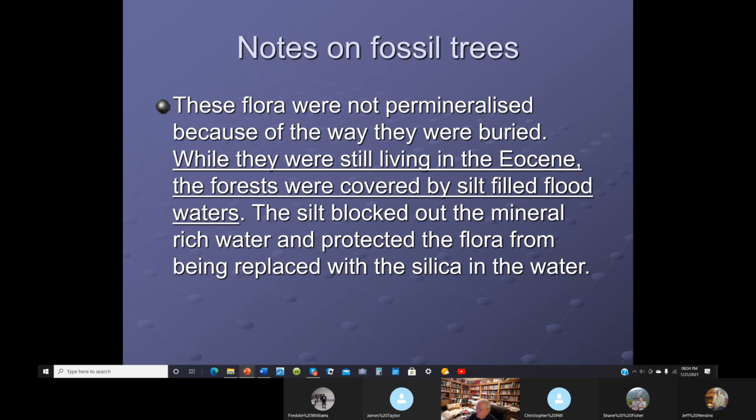Because of the way they were buried while they were still living in the Eocene, the forests were covered by silt-filled floodwaters. Interesting. The silt blocked out the mineral-rich water and protected the flora from being replaced with the silica in the water. That's their claim. I think they've missed it, but we'll get to it later, okay?